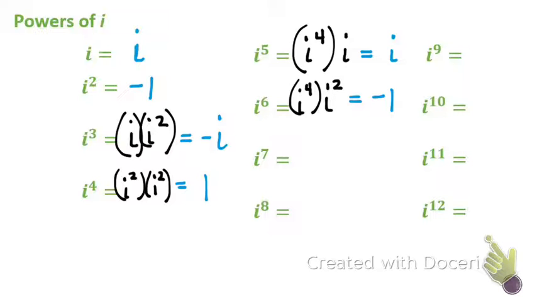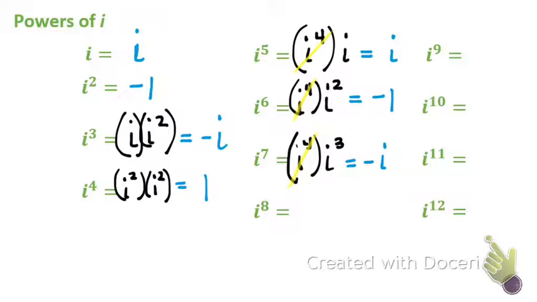i to the seventh is i to the fourth times... Every time I try to write at this part of my iPad, it doesn't want to write, and that's really strange. All right, but that's 4 times 3. So again, anytime you hit a power of 4, we know that's just 1. So i to the seventh is the same as i to the third, which is just going to be -i.